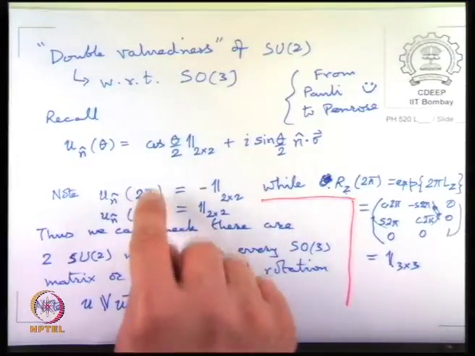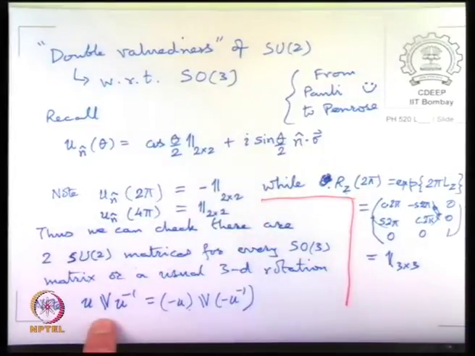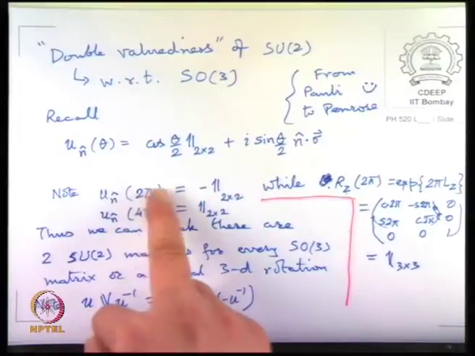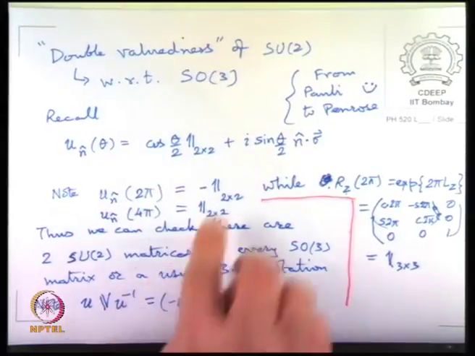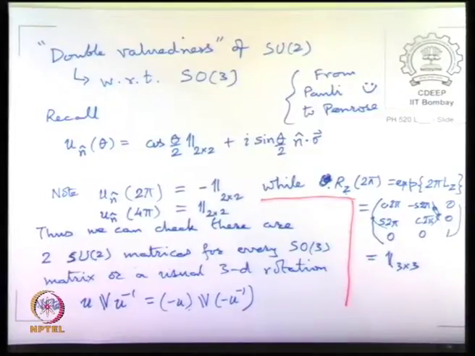Both the 2 pi value and the 4 pi value will look like identity operation as far as the V matrices are concerned. Whether you put U n cap of 2 pi, which would give minus 1 and a minus 1, it will look like an ordinary rotation of a 3D vector, and so will 4 pi.